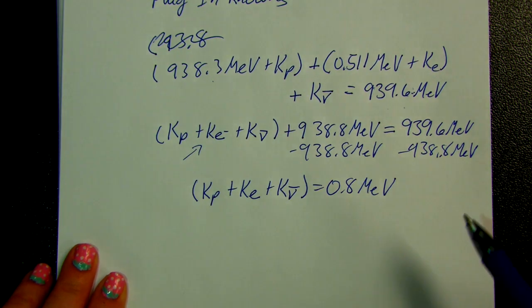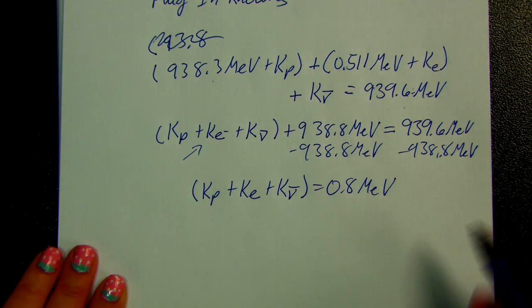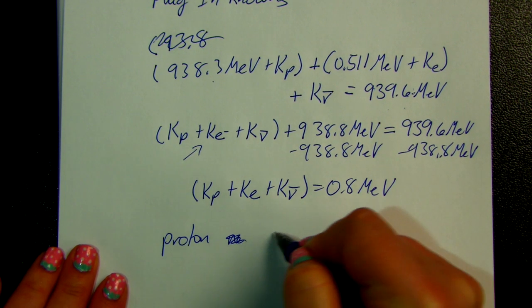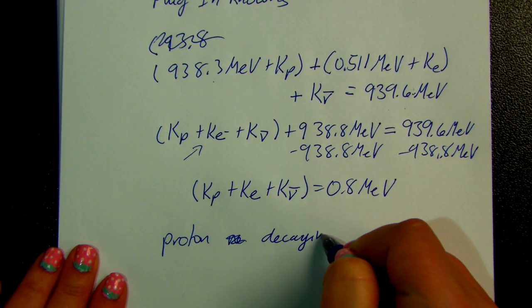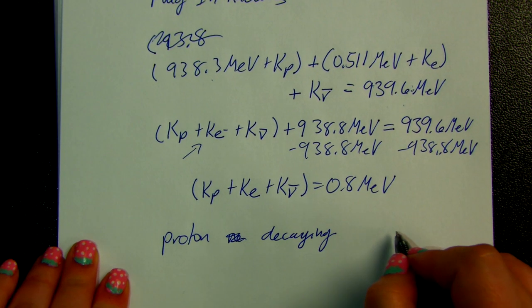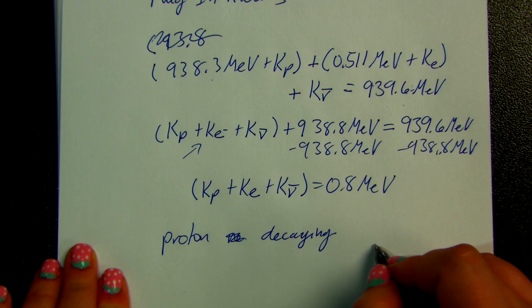So energy is always conserved. And the energy principle has been responsible for the discovery of several new particles, including the neutrino.